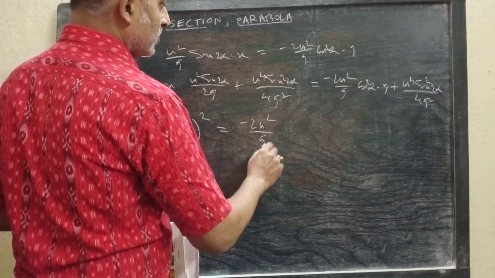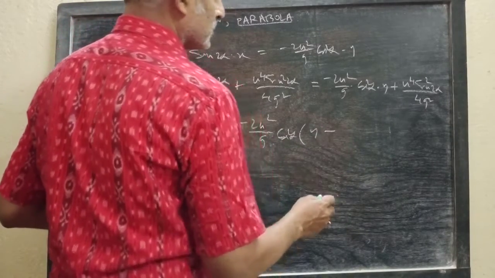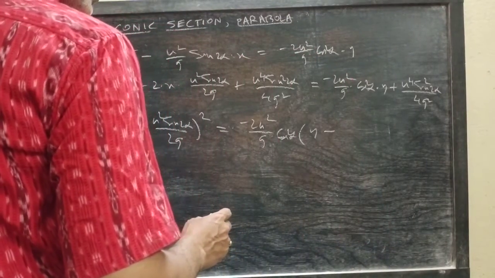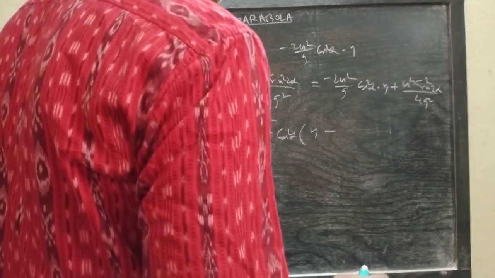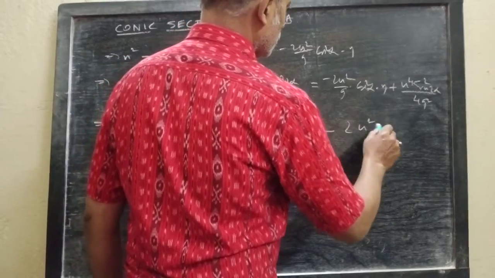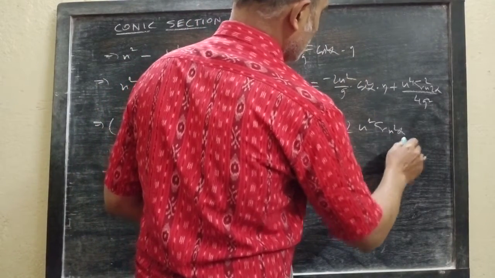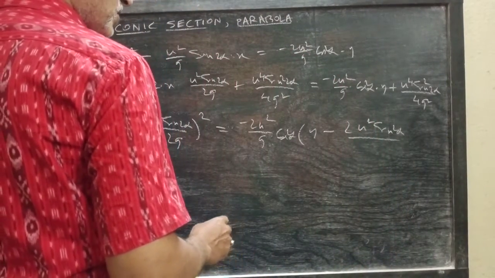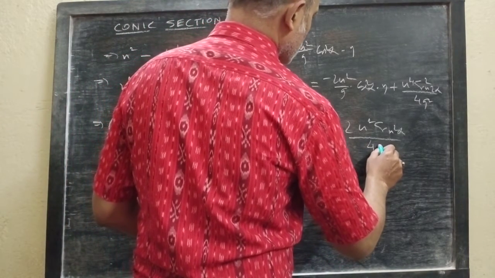minus 2u square by g cos square alpha common, so y minus, this is 4 sin square alpha cos square alpha. 2u square cos square alpha being taken, so here remains sin square alpha by g is taken, so here it will be 4g.